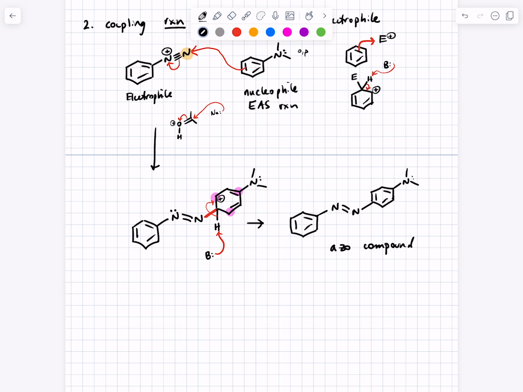So this step is called a coupling reaction because we're pairing two things together that didn't used to be attached to each other.